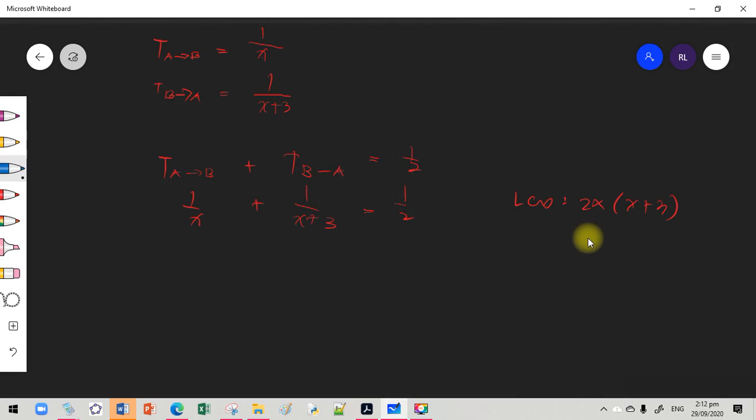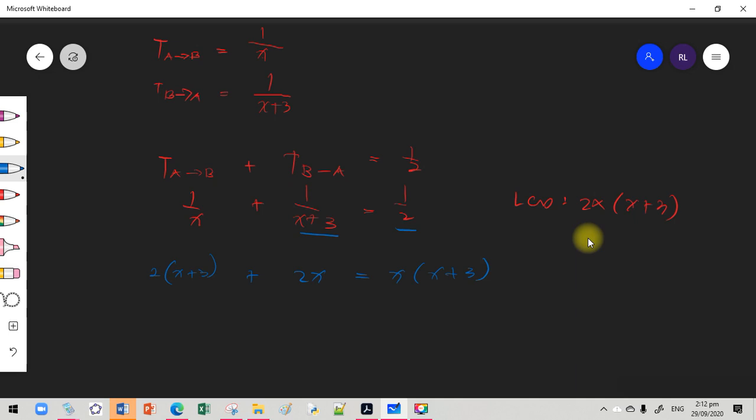If we multiply this with the LCD, we have 2 times x plus 3. Multiplying the next term with the LCD, x plus 3 will be cancelled and become 1, so therefore you have 2x. Then multiplying this with the LCD, we'll have x times x plus 3.